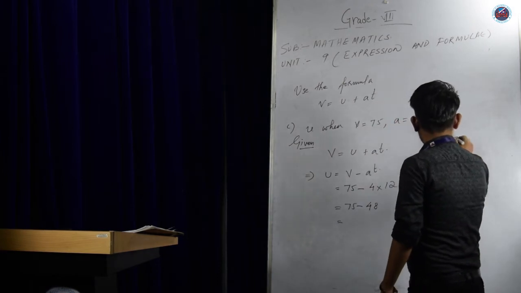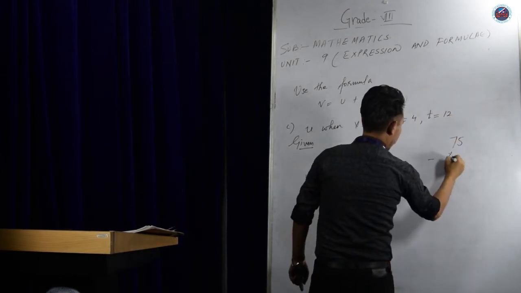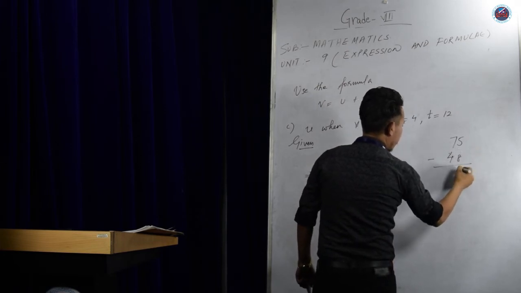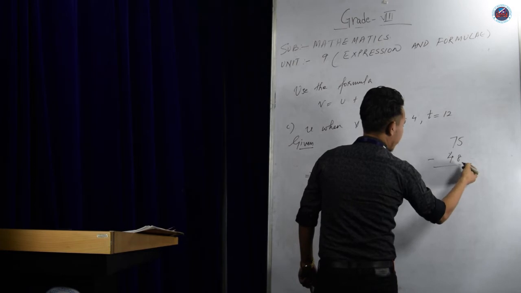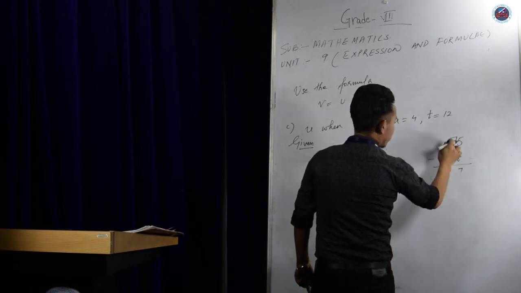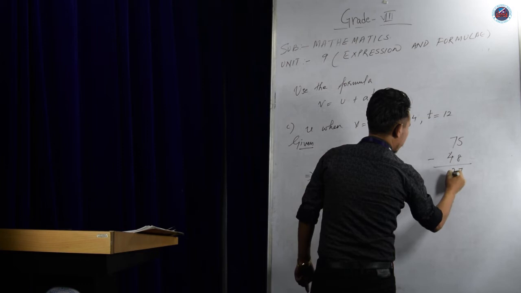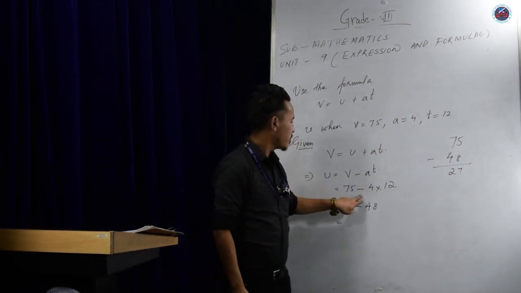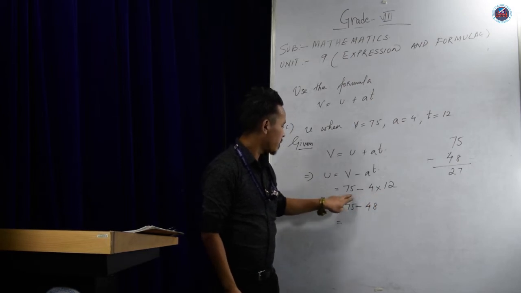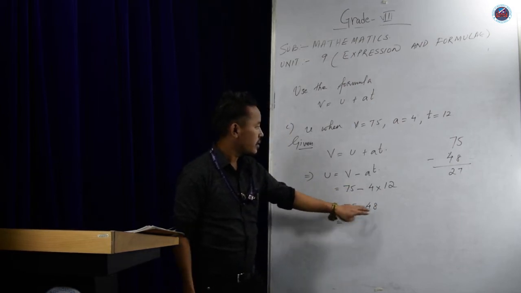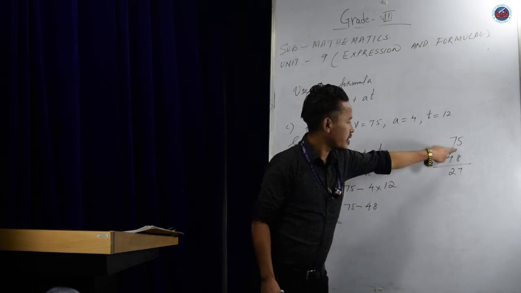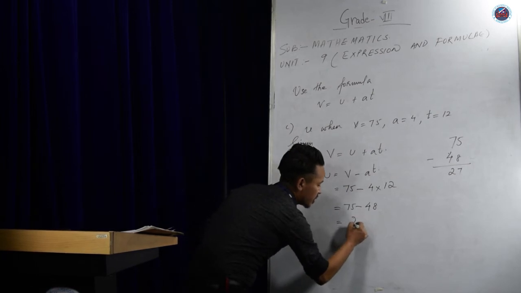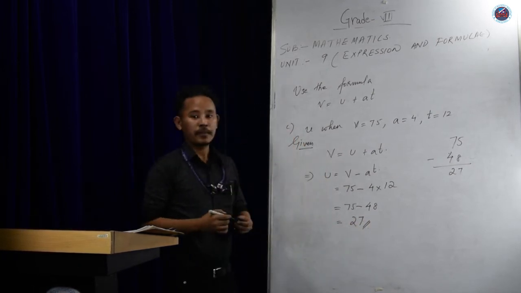So here we have 75 minus 48. 15 minus 8 gives us 7, 6 minus 4 gives us 2. That is the value we get, 27. Okay.